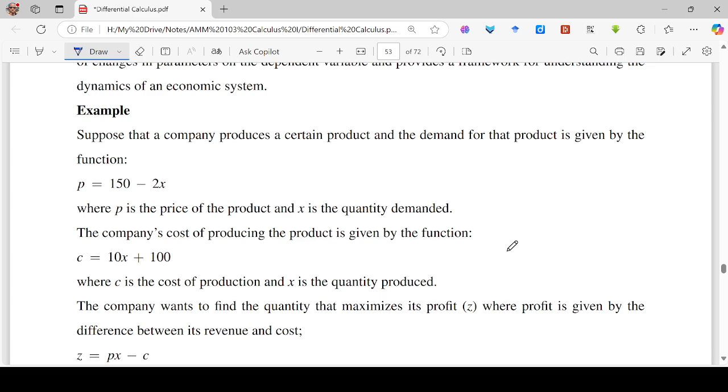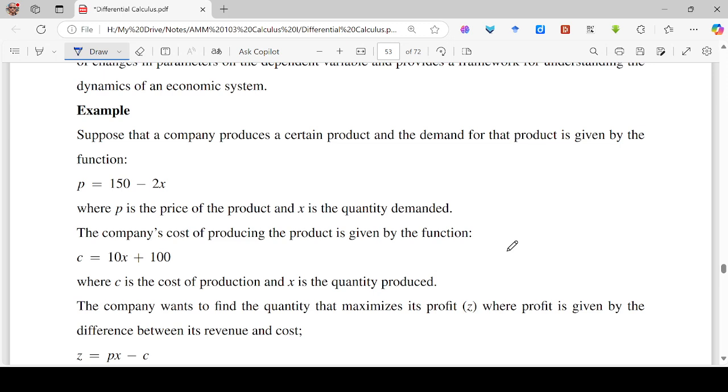So in this case, the demand normally will be expected to go up if the price is low and vice versa.